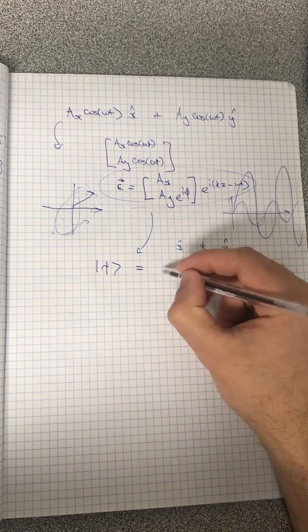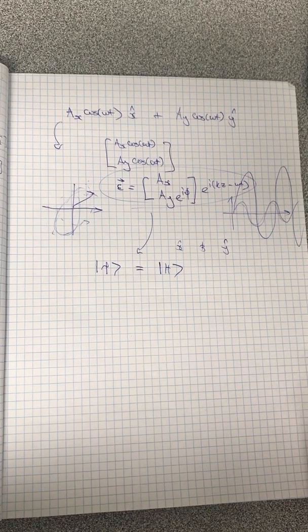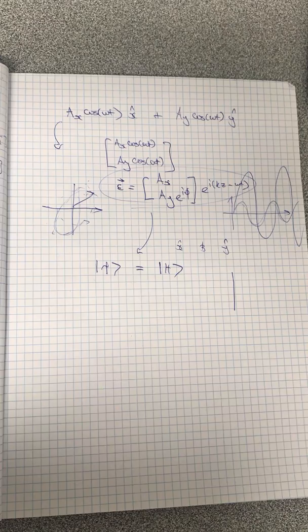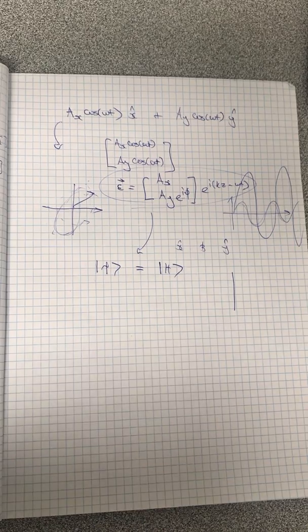So let's say our state is H, okay? That just means we have a photon. It can't have any bigness because it's sort of like a single particle. It's the smallest quanta of light you can have, okay? So we don't have an amplitude of the photon. It's just a photon. And the question is, which direction is it polarized in?